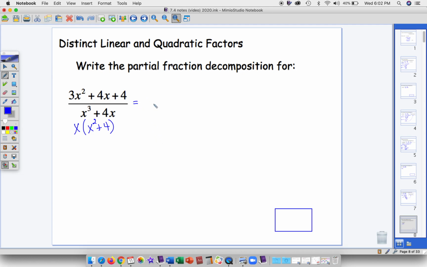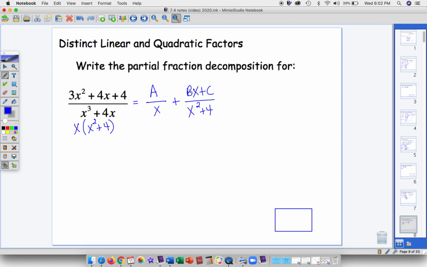So I'm going to have 2 terms, one for the linear factor, one for the quadratic factor. Put my constant over the linear factor, and now that I have a quadratic factor, I need a linear term plus a constant in my numerator. I may need both of these, I may only need one.